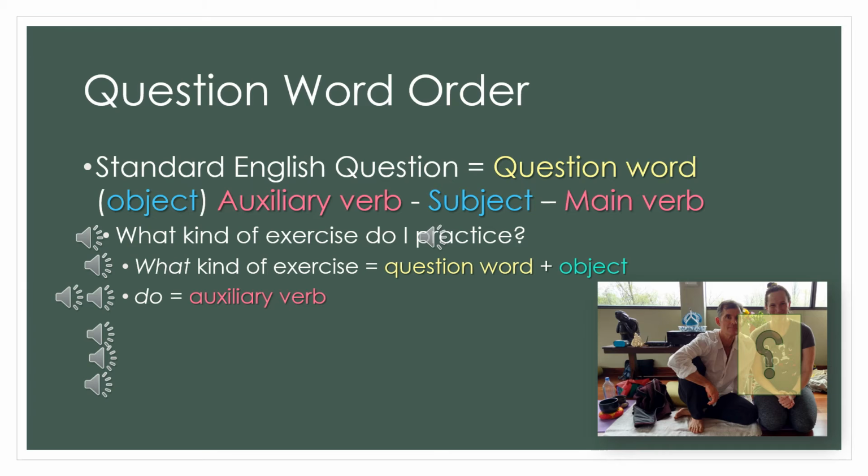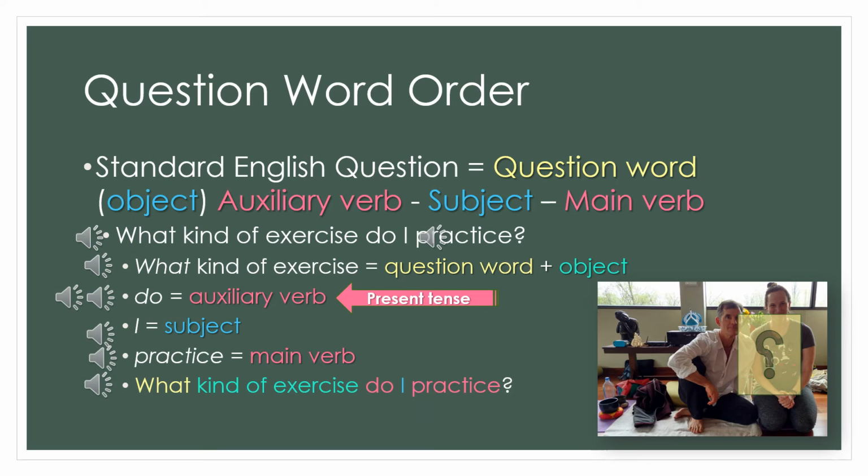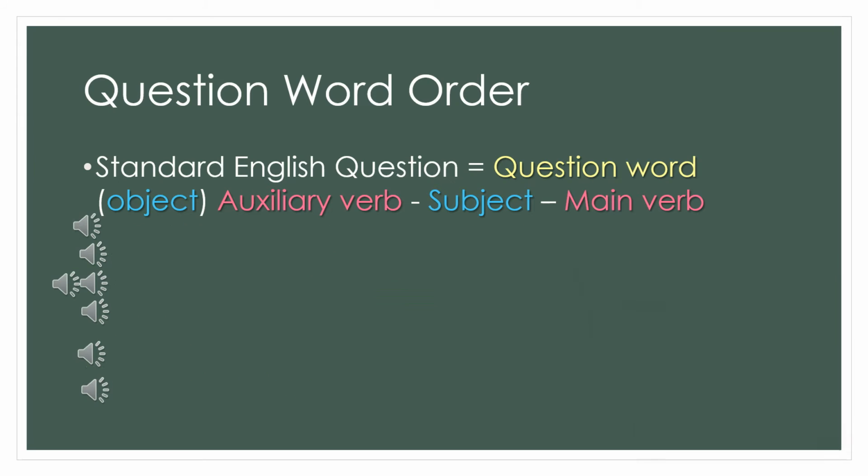Do is the auxiliary verb. Please notice that the auxiliary verb do is in the present tense. I is the subject. Practice is the main verb. So the question is, what kind of exercise do I practice?